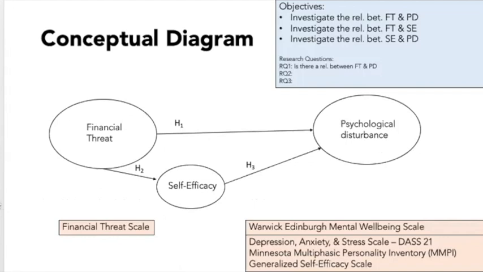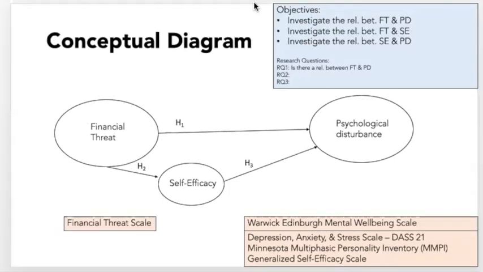Now, with the research question that we discussed, let's try to build this a little bit more. In research, there is something called the conceptual diagram. Last week I discussed variables with you.